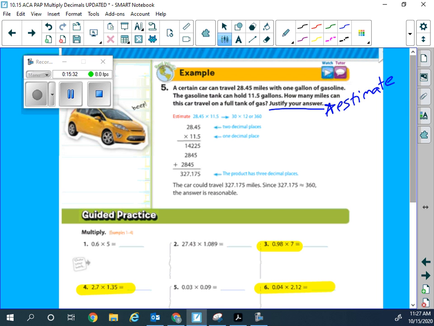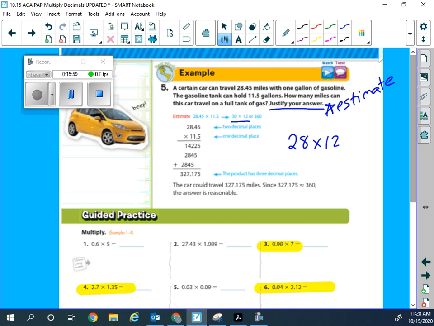But instead, we want to round that to 30 times 12. How many of you right now are thinking 28.45 really rounds to 28, right? And 11.5 is 12. How come this is not what they used to estimate? Why did they do 30 times 12?